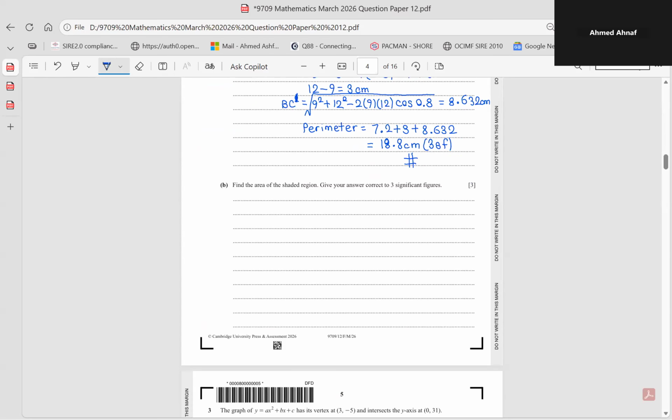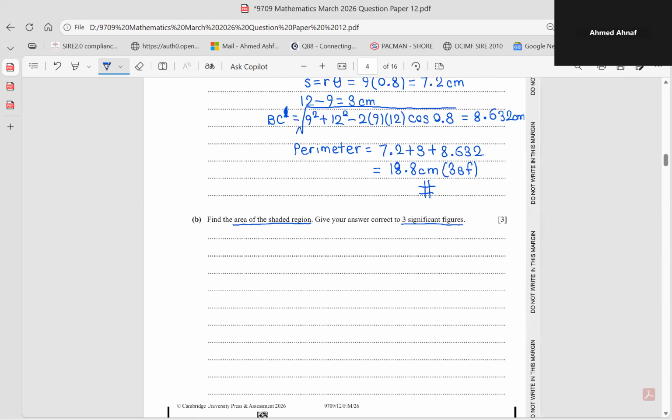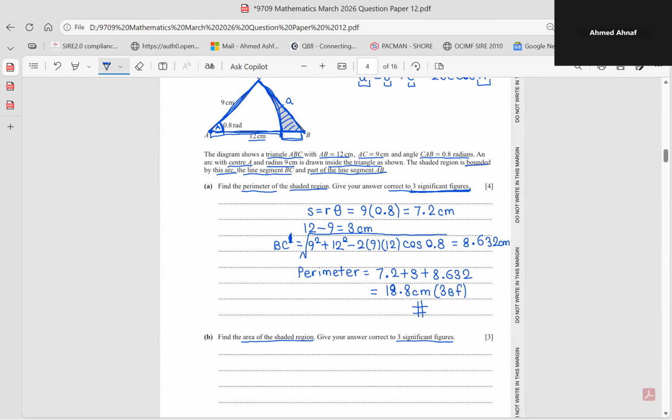Okay, so for the last part, we are now told to find the area of the shaded region. And again, we need to give our answer correct to three significant figures. Not a very difficult question, except we just have to find the area of this.